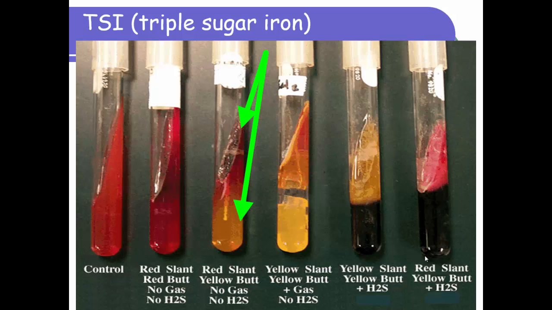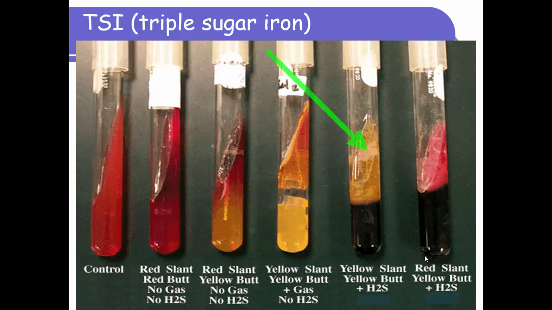This would be reported as negative / positive. This tube shows mostly a yellow slant, all yellow butt, but this is a gas bubble produced within the media. So this would be labeled as positive / positive / gas.